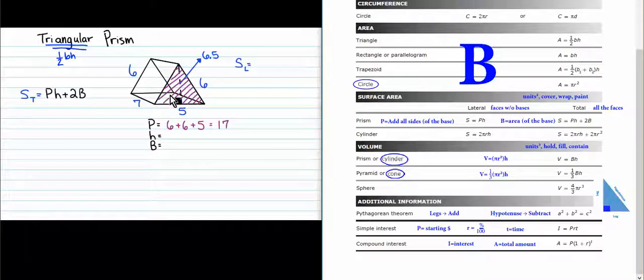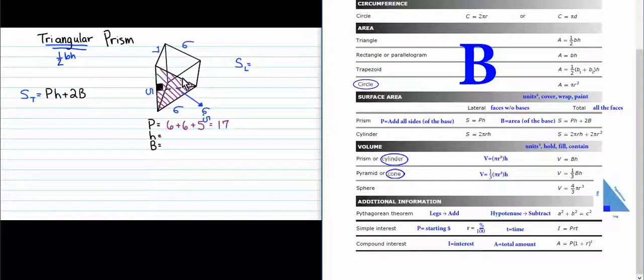Now my height, careful, the way my triangular prism is positioned, it looks like it's 6.5, but it's actually not. Let's see if this makes sense. If I were to get this image and I was to turn it, maybe something like this, the height is actually, that looks kind of weird, but the height is actually going to be 7.